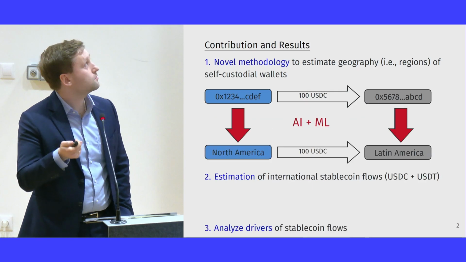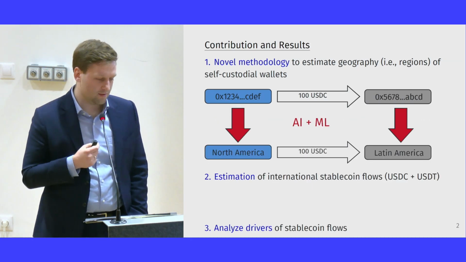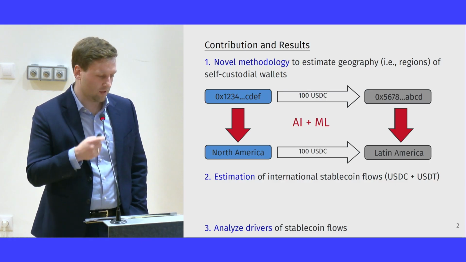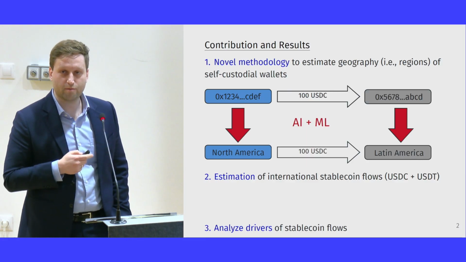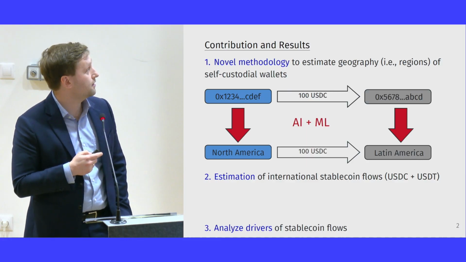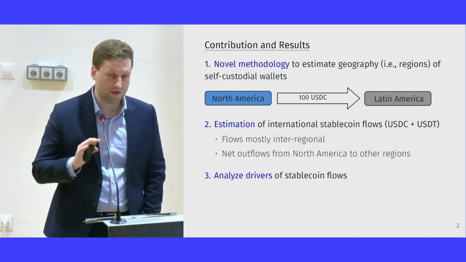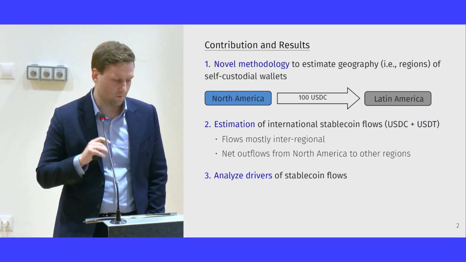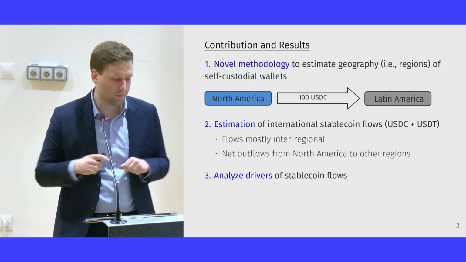I use a blend of AI and machine learning to come up with estimates, for example, that this blue guy might be located in North America and the gray person was located in Latin America. Then I use this to estimate international stablecoin flows, and what we find is that most flows are inter-regional, so they cross these large geographic boundaries.